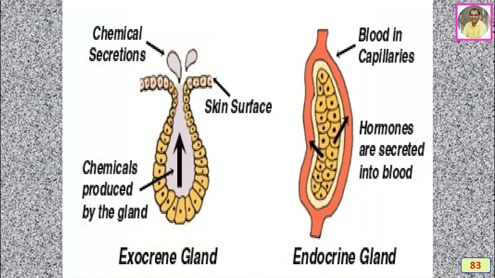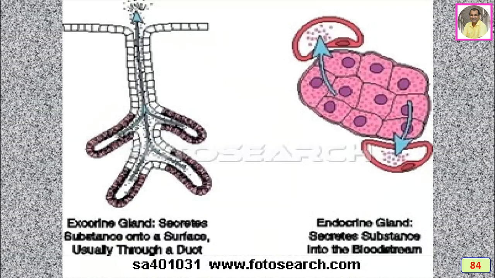Exocrine glands contain a hollow cavity, whereas endocrine cells do not. Endocrine glands secrete hormones directly into the blood within a fraction of a second, sending messages.